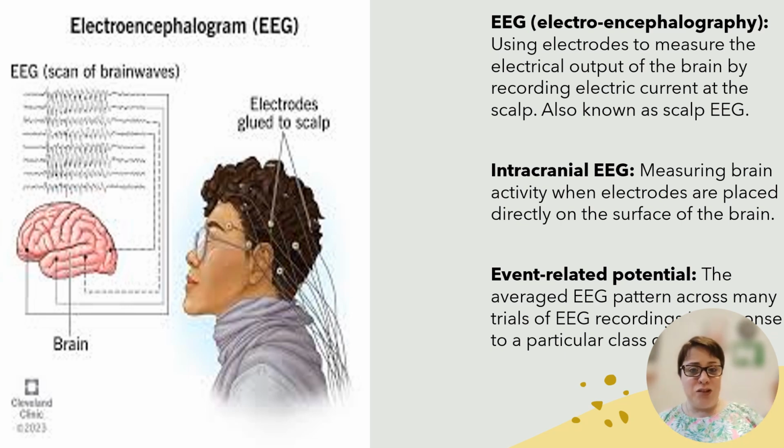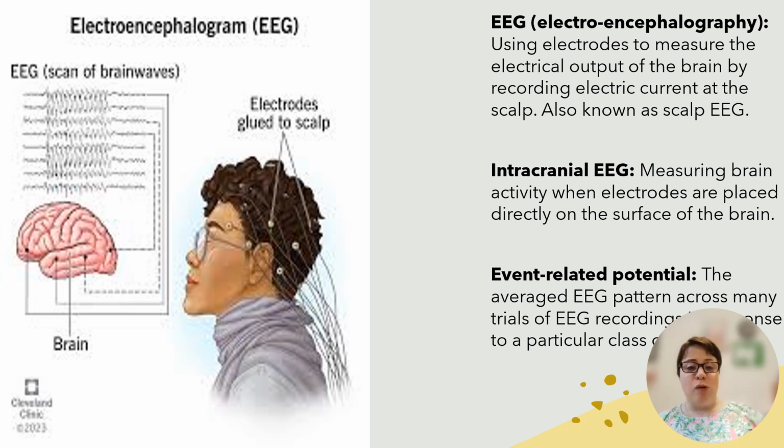The EEG starts recording when the stimulus is presented to a participant, and it continues for the duration of the trial. The stimulus is then presented in many trials, and the EEGs are averaged across trials to eliminate any random activity that might be present. So what remains is a very clear wave that represents that activity.